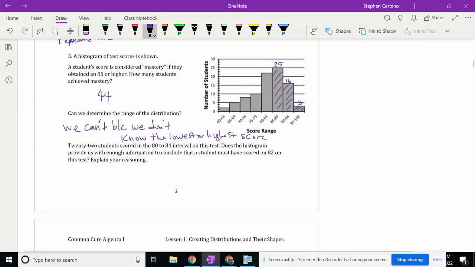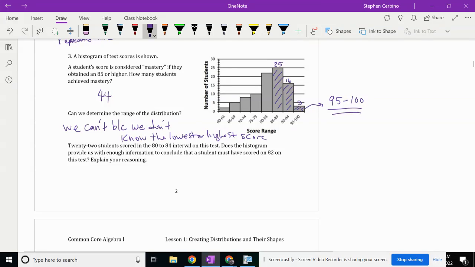So one negative part of histograms is, yeah, we're organizing the data, but I don't know what the actual scores are here. I just know that these three scores are between 95 and 100. I don't know what their actual score is. They might have gotten a 97, a 98, a 99, or even 100. I don't know. I just know that there are three scores within that range of data. So that's one negative to histograms, which is why a lot of times we use dot plots.